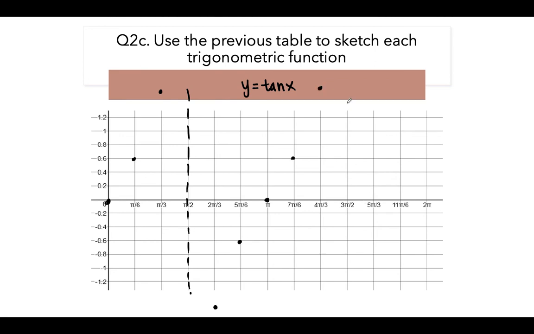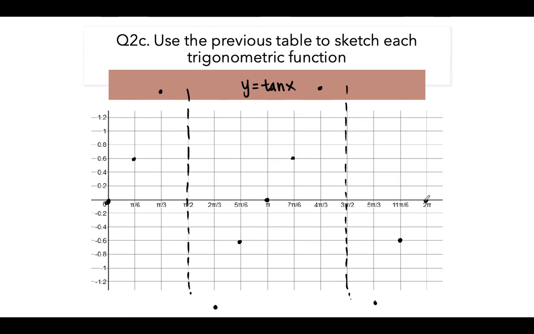And then we have another undefined. So undefined again, it means that we have a vertical asymptote. And 5 pi over 3, negative 1.7. 11 pi over 6 is negative 0.6. And at 2 pi, we have 0.